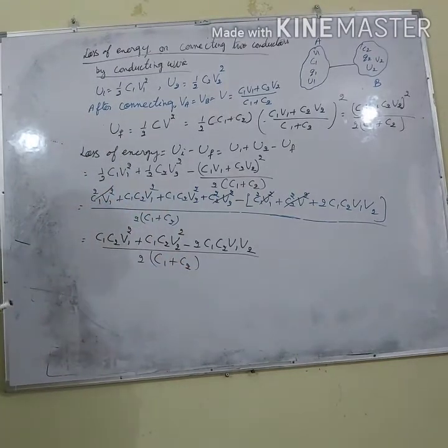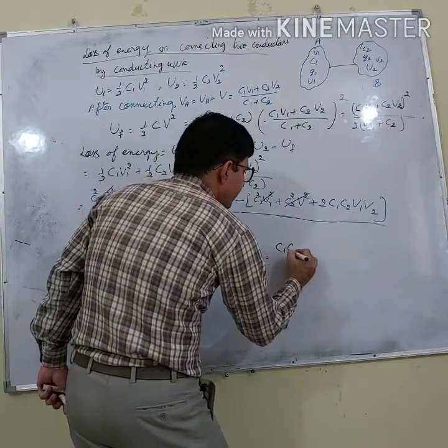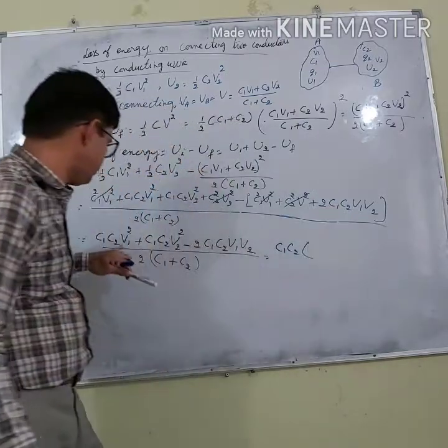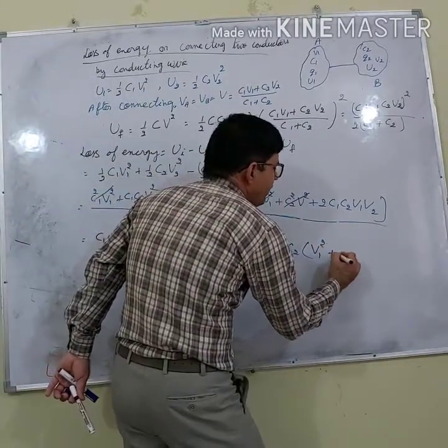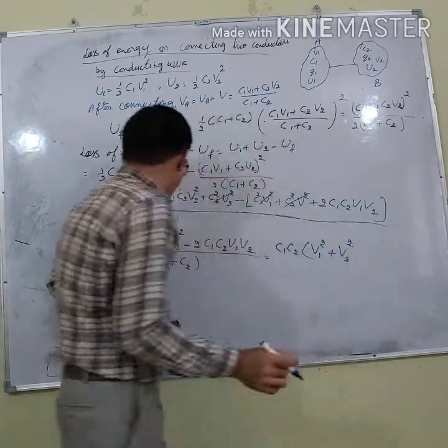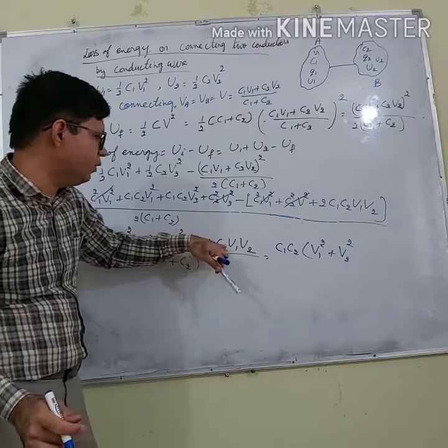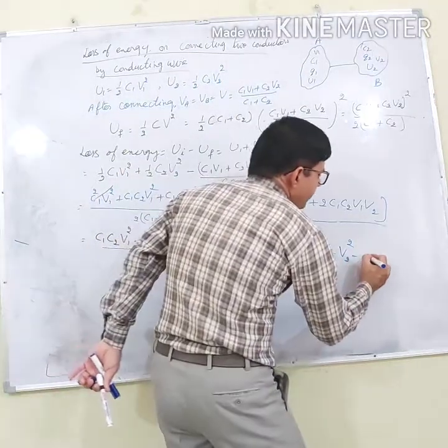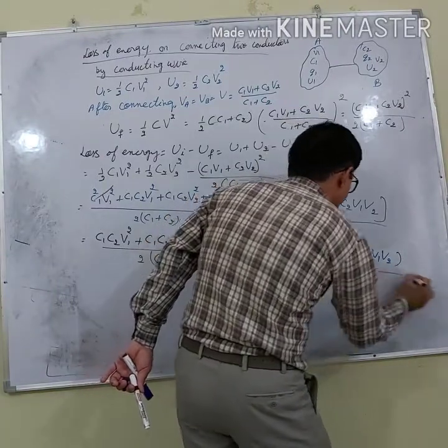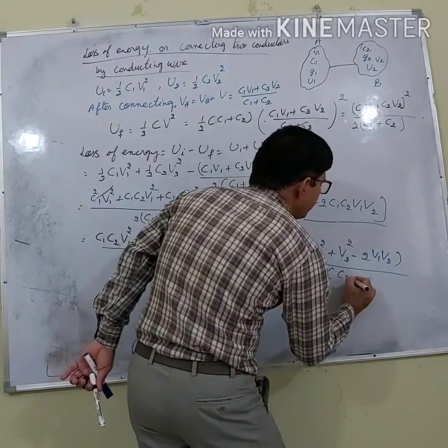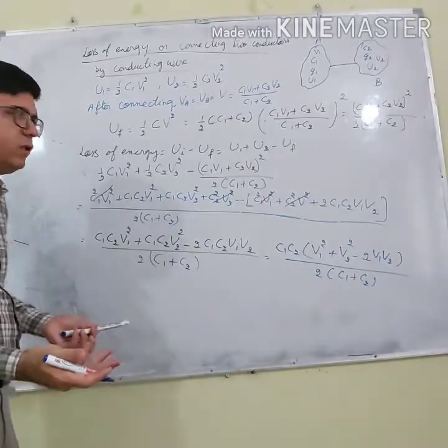What is common? C1 C2 is common. I can write C1 C2 times (V1 square plus V2 square minus 2 V1 V2), divided by twice of (C1 plus C2). What is this formula? (A minus B) whole square.